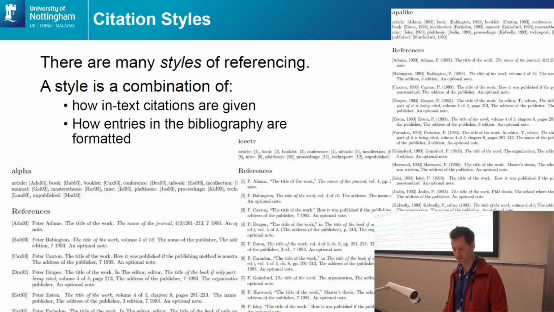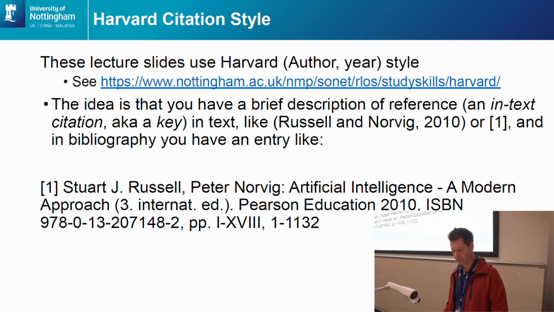And there are many different styles of referencing and citations. One of the most common is the Harvard style, which is the surname of the first author and then the year of the publication. This is a very common referencing style, and you see that in the courseworks, right?